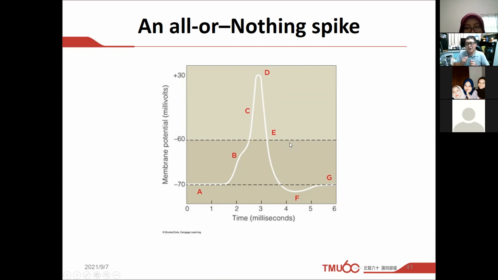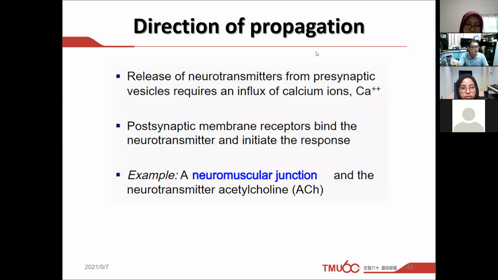Your stimulation needs to be over minus 60. After reaching minus 60, you can first open up a sodium ion channel, making a greater membrane potential. Later on, you can open up the potassium ion channel. We call it an all-or-nothing spike in this case.